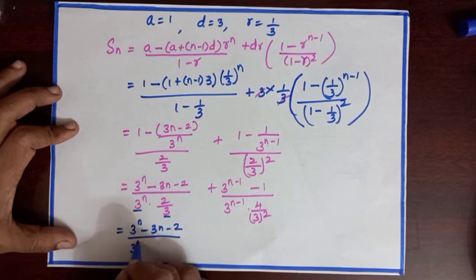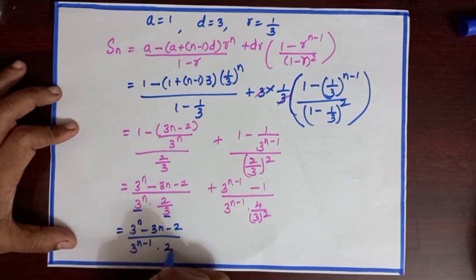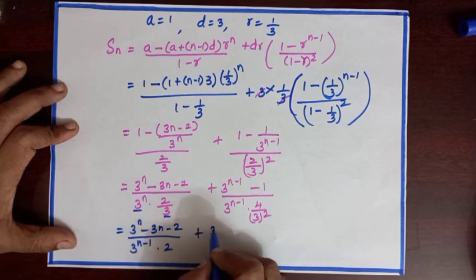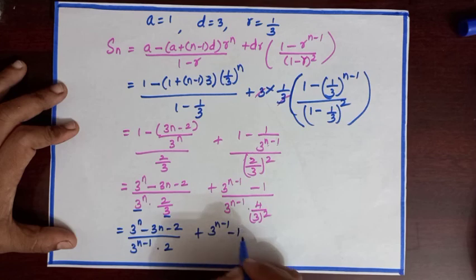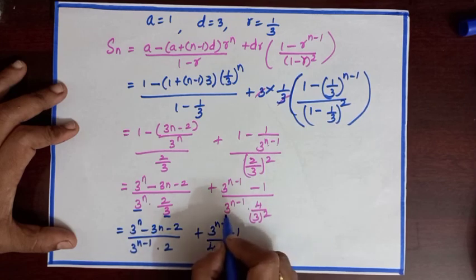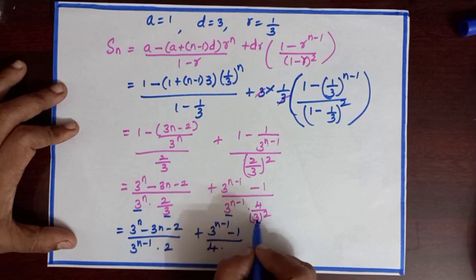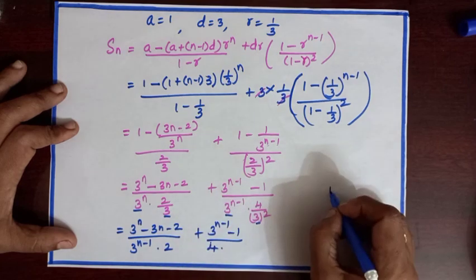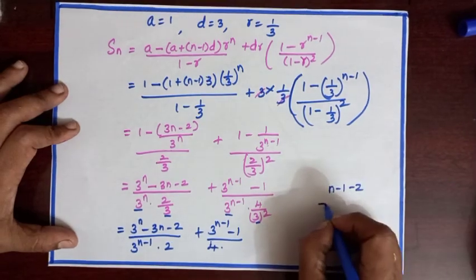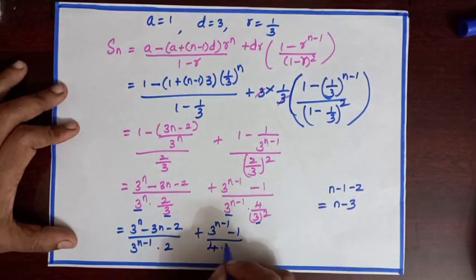Then we can write it as 3 power n minus 1 into 2, plus 3 power n minus 1 by 4. Here also we have the same base but in the form of division, so we need to subtract the powers: n minus 1 minus 2, which is equal to n minus 3. So we will get 3 power n minus 3.